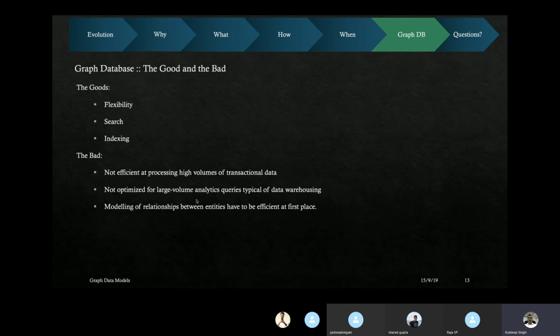And the major point is that at the time of modeling, if the relationships are not defined correctly as per the requirements, then because there is not much focus on schema, these graph databases can go into a very messy architecture, which becomes very inefficient at the end of the day. So the relationships between entities have to be defined very carefully in the first place. These are a few drawbacks of a graph database.